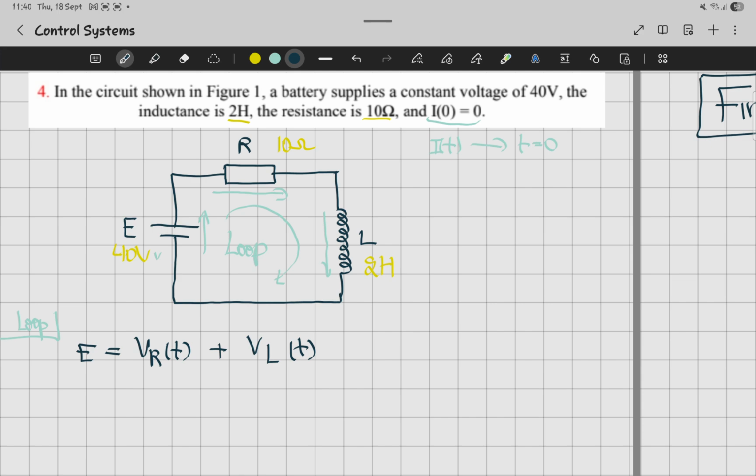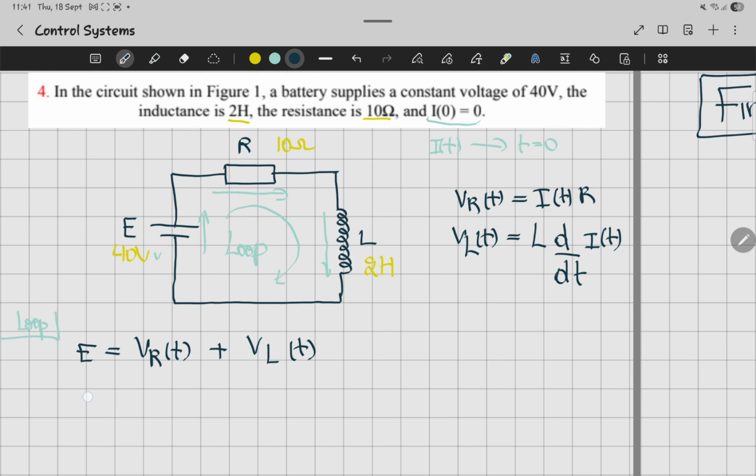We know that the representation of VR of t is equal to i(t) R, and the representation of VL of t is equal to L d/dt i(t).